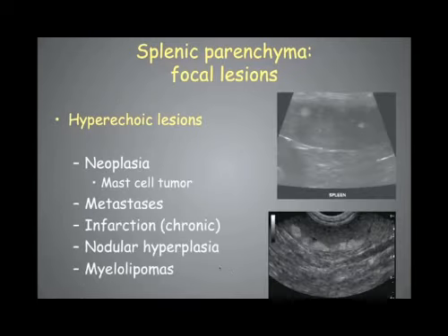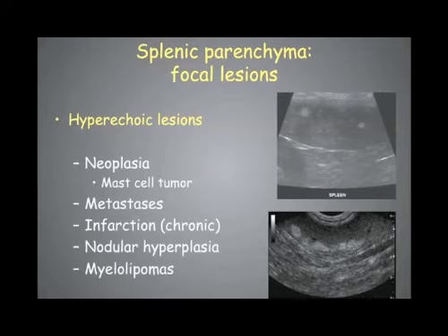We can also find some focal hyperechoic lesions within the spleen. These are more rare, and in general they are, like in the liver, more benign lesions. They can be signs of infarction, of chronic infarction, or of myelolipomas, like we can see in this example. In fact it's just fat along the vessels of the spleen or at the hilus of the spleen.